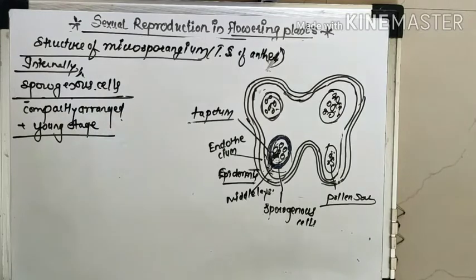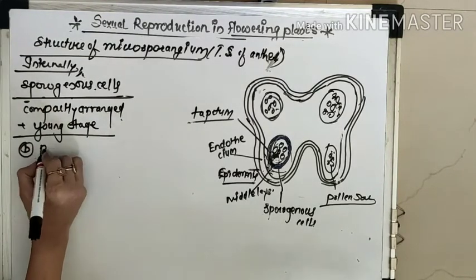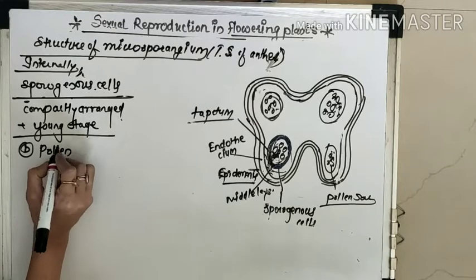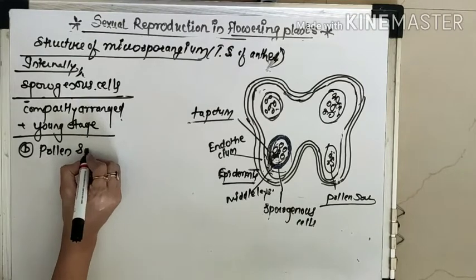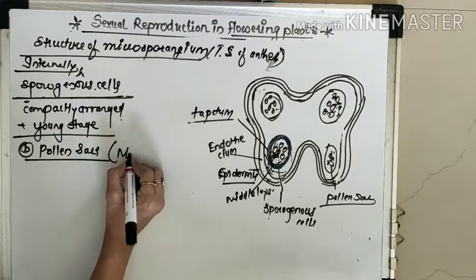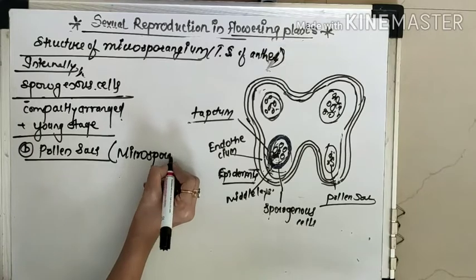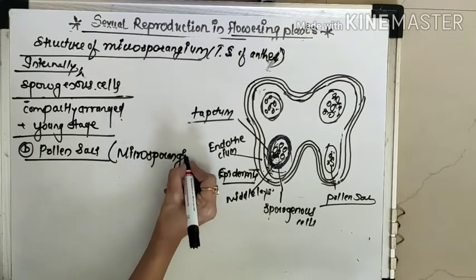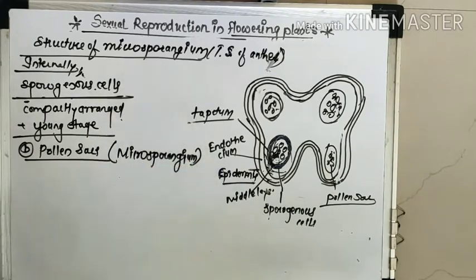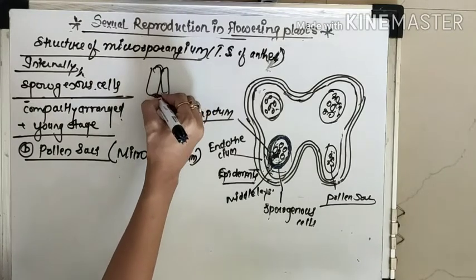The next part is the pollen sac. First is the anther wall, second part is called the pollen sac, which is also known as microsporangium. As we know, anther is a bilobed structure. Here I will draw the structure.